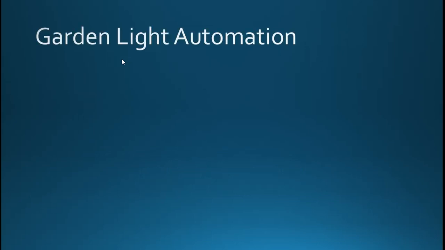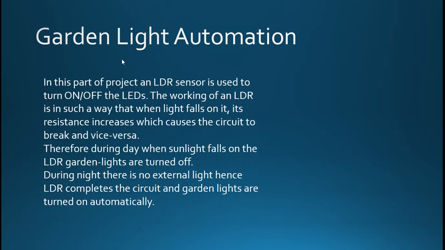Garden light automation, the first step of the project. In this part, an LDR sensor is used to turn the LEDs on and off. When light falls on the LDR, its resistance increases, which causes the circuit to break, and vice versa. Therefore, during the day when sunlight falls on the LDR, garden lights are turned off. During night, there is no external light, hence the LDR completes the circuit and garden lights are turned on automatically.